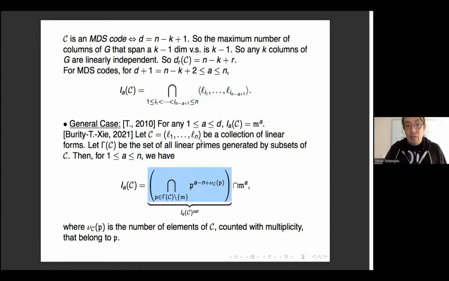And now this is also a saturated ideal. Everything here is included in M to the A, because I_A equals its saturation, and I_A is included in M to the A because I_A is generated by products of A linear forms.